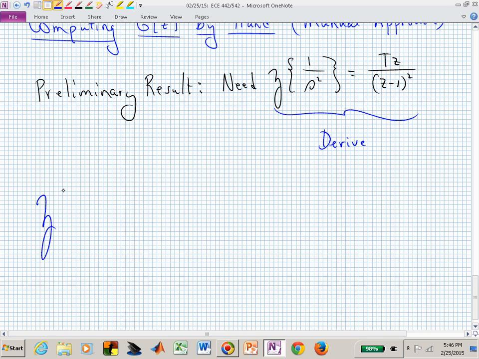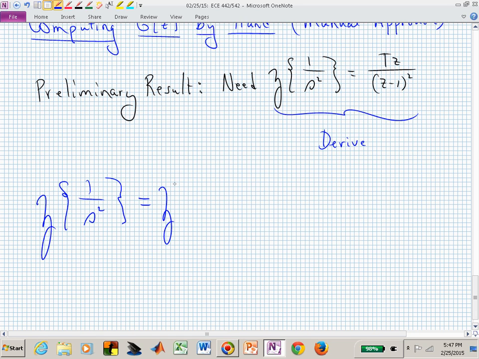If we are looking at the z transform of 1 over s squared, remember that means that a lot of steps or processing are somewhat hidden in this script Z curly brace 1 over s squared.